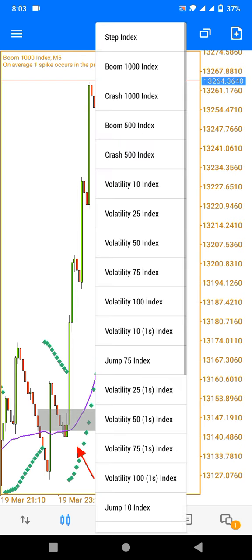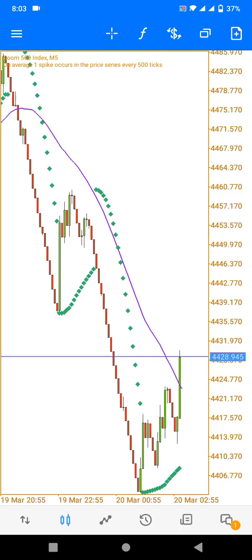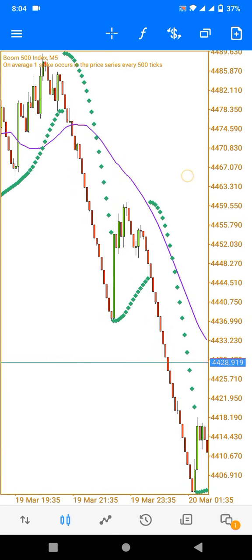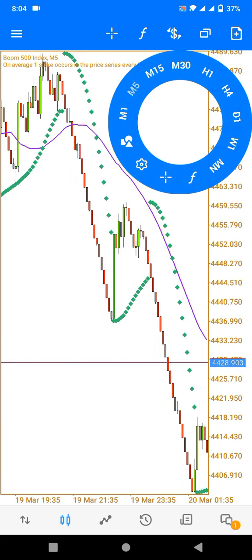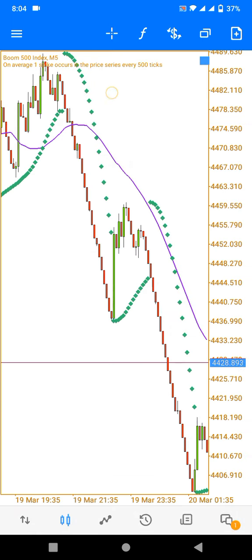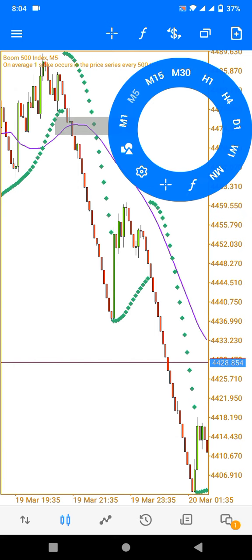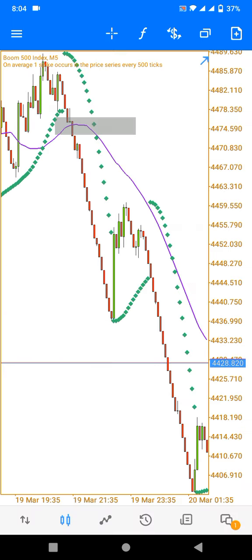And now let me show you on Boom 500 how to go for sell. The parabolics and the Bollinger Band both show the sell trade. It's time to enter for a sell.